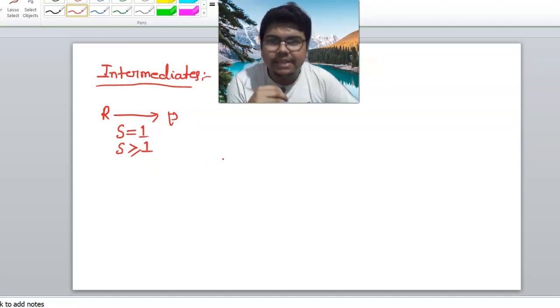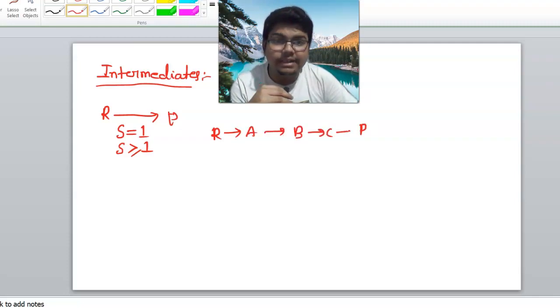In a multi-step reaction, apart from reactant and product, many things form within the reaction. Suppose to convert from reactant to product, 3 different species A to B to C are forming, and finally C gives the product. So A, B, C are neither reactant nor product. These are intermediates.